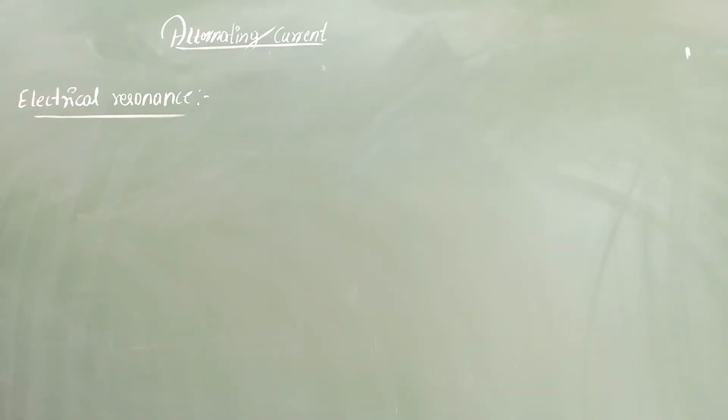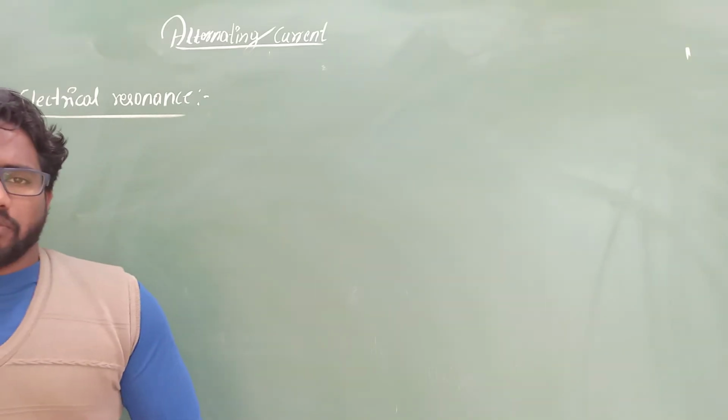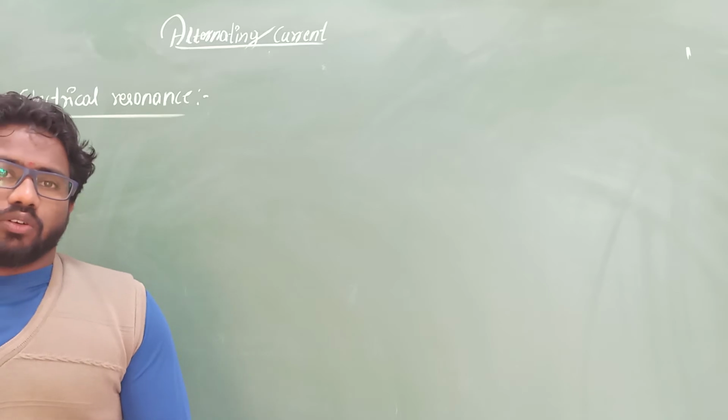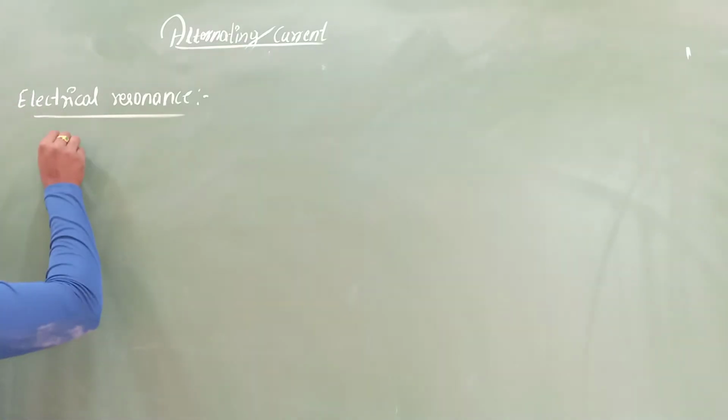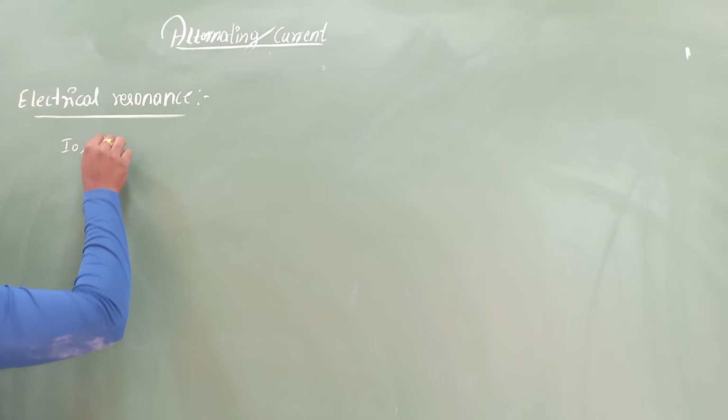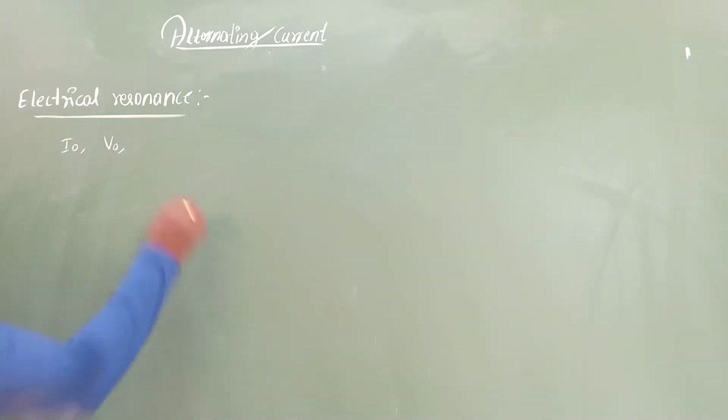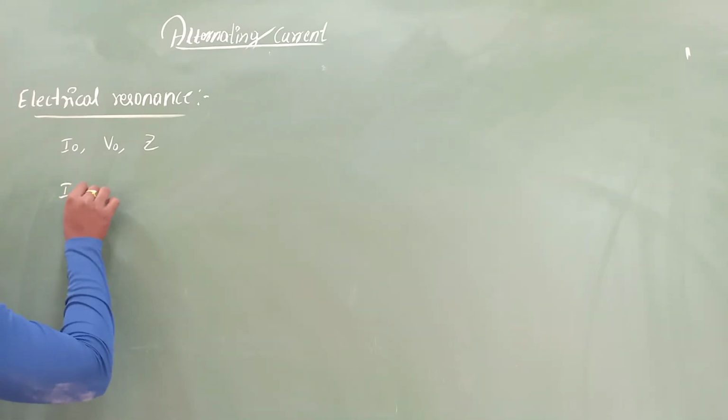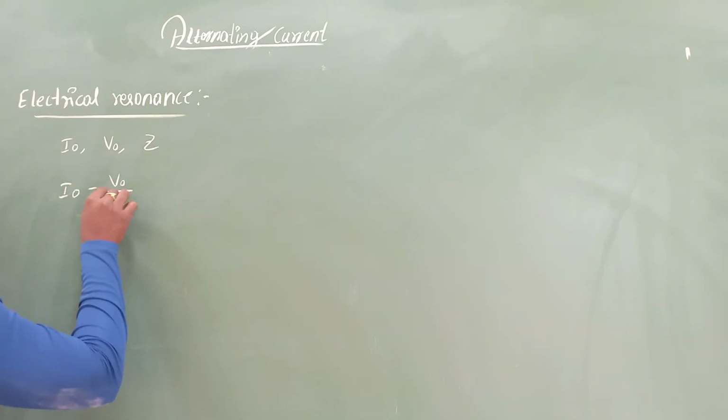See, if you take a series LCR circuit, we derived an expression for Z. And if we take the maximum current as I0, the peak voltage as V0, and impedance as we got there, then if I want to find the maximum value of current through the circuit, that is the peak value, the formula is I0 equals V0 by Z.